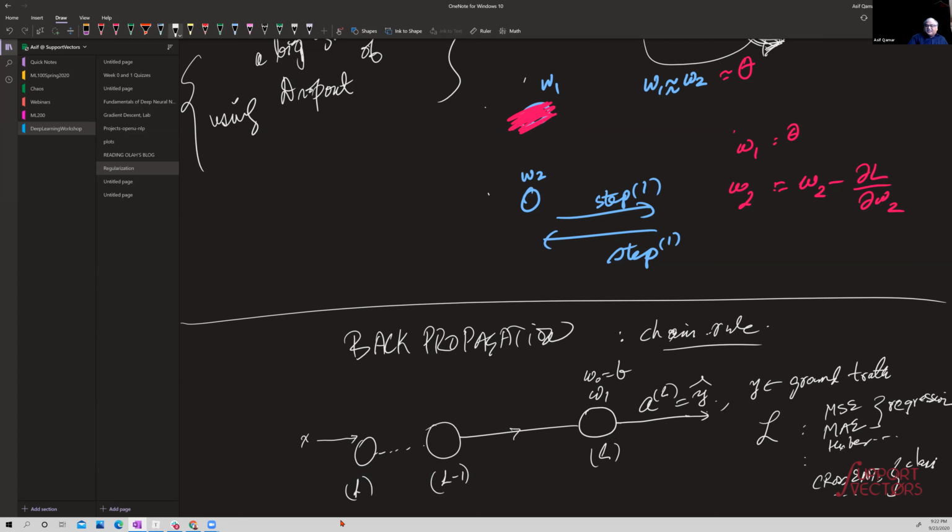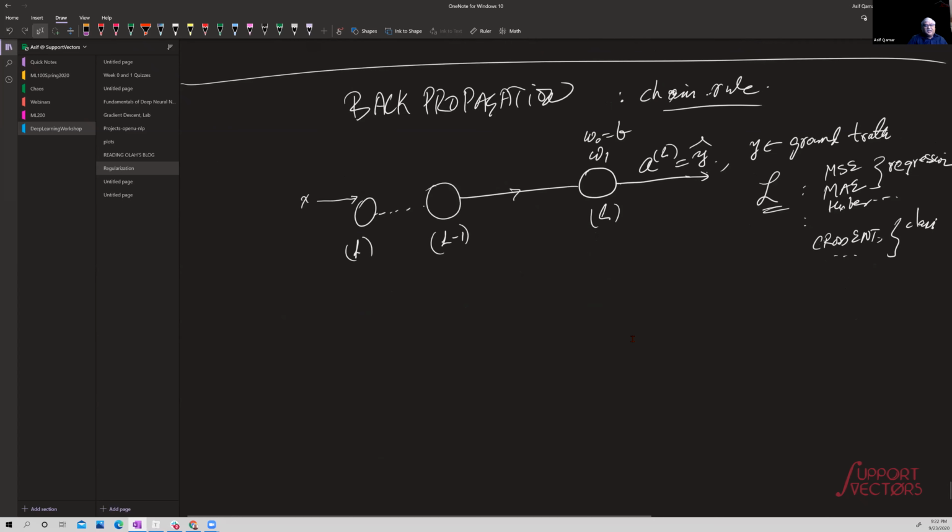I'll just use L, but just to illustrate, why don't we pin it down to regression. The argument remains the same whether we are doing regression or classification, but I will take the argument that we are looking at regression.